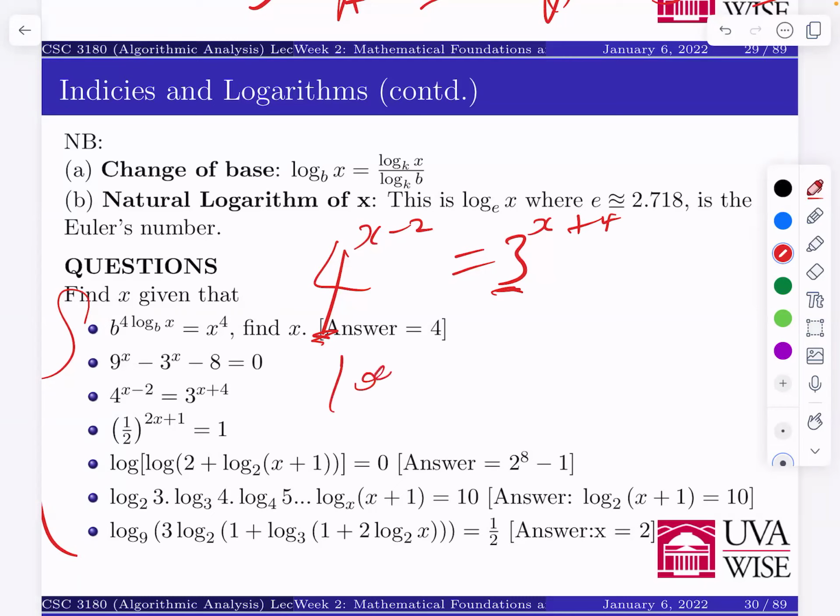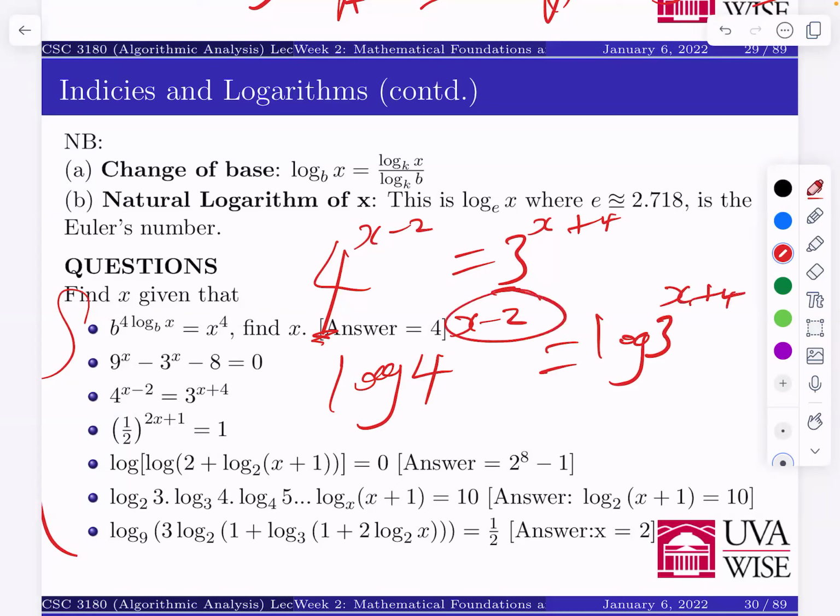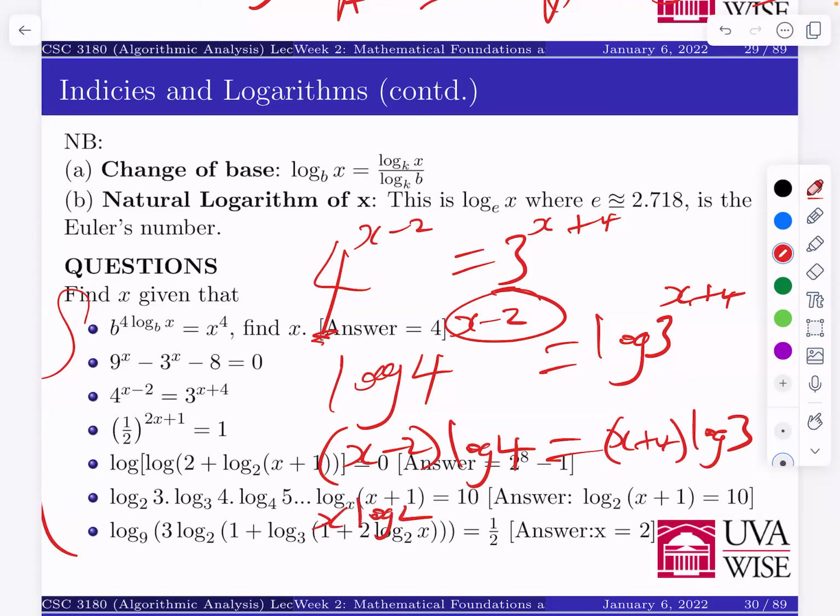So you have to log both sides. Log or ln of 4 to power x minus 2 equals log of 3 to power x plus 4. Then you put the power at the front. x minus 2 log 4 equals x plus 4 log 3. You multiply everything. So x log 4 minus 2 log 4 equals x log 3 plus 4 log 3.